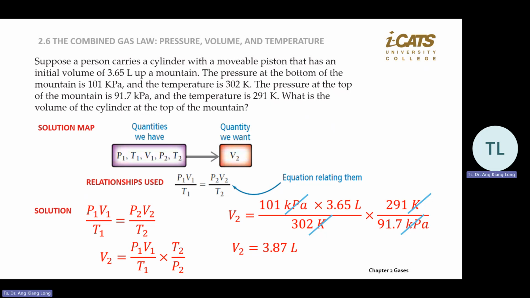So far, we are still playing with very big quantities, which are pressure, temperature, and volume. In a later chapter, you will play with the amount of gas. We are now at the combined gas law. We will use P1 V1 divided by T1 equals P2 V2 divided by T2.